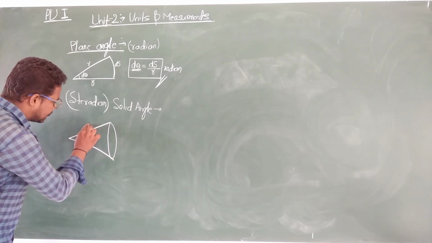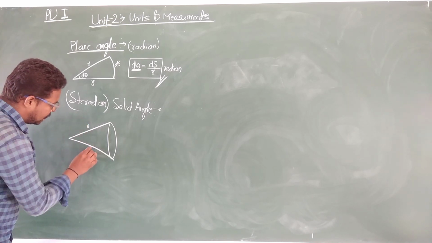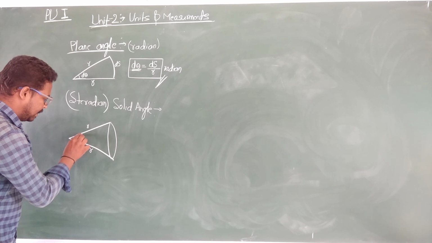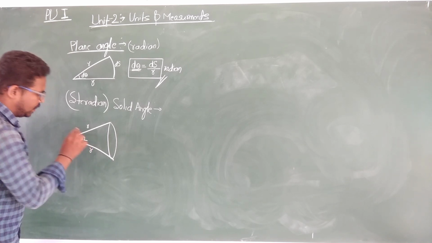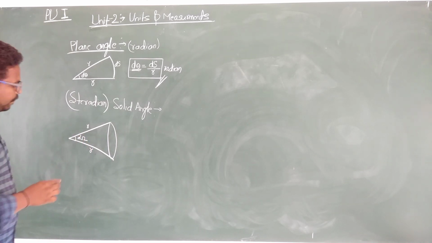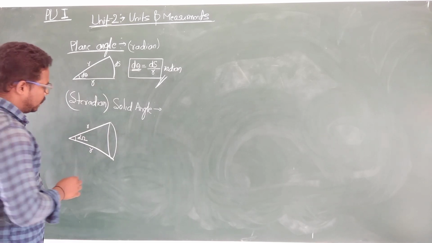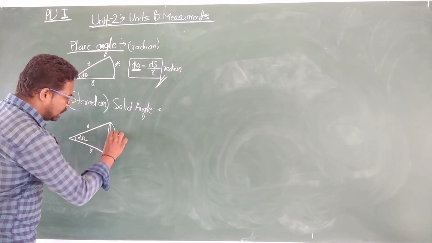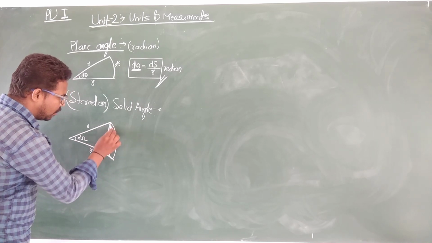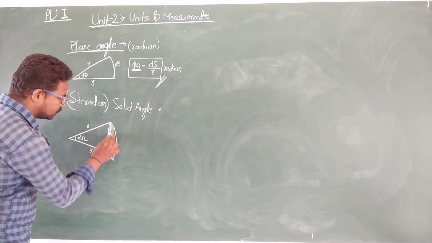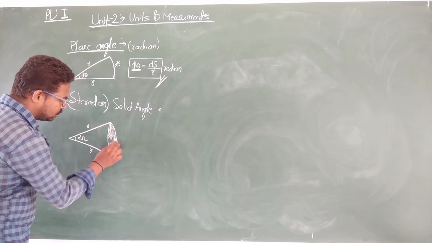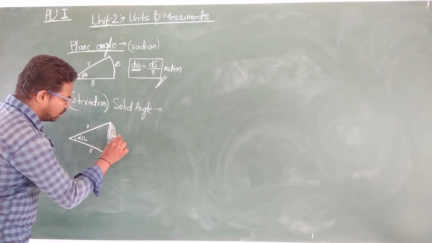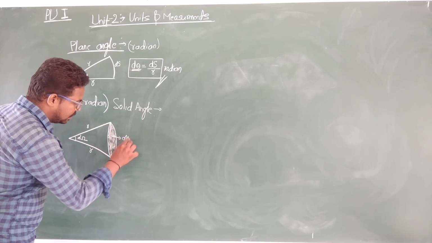So this is the radius r. This is considered as the d omega. So consider this is the area dA.